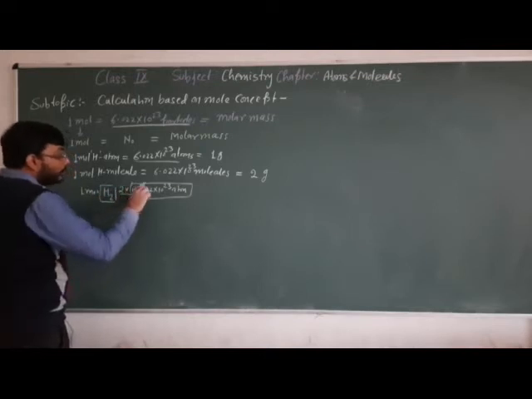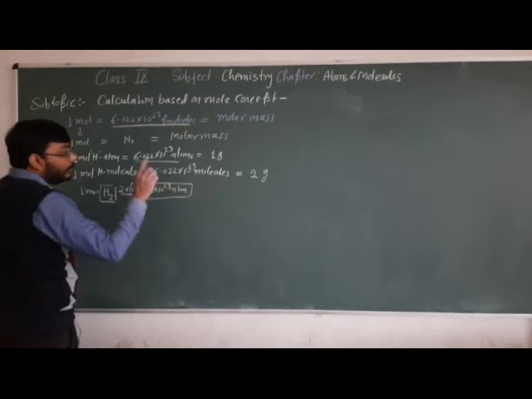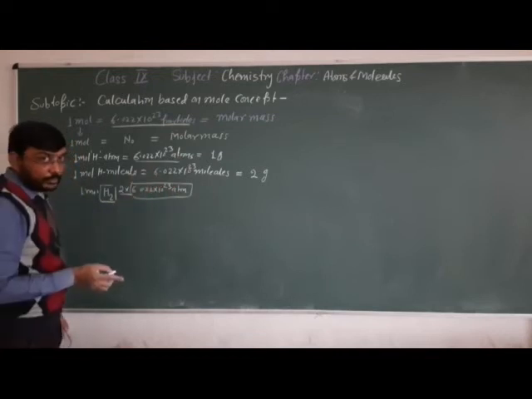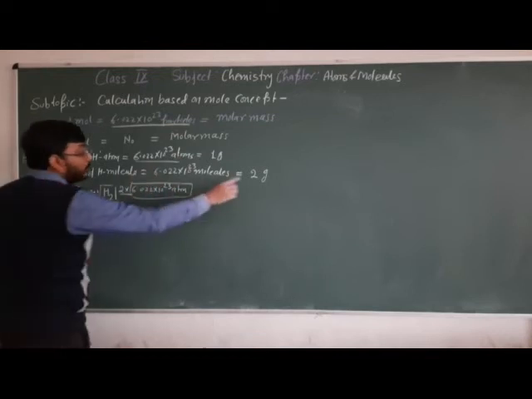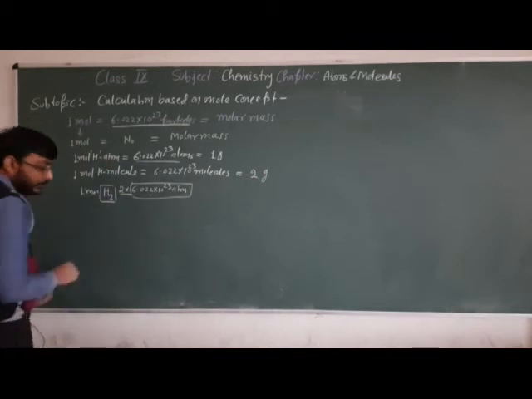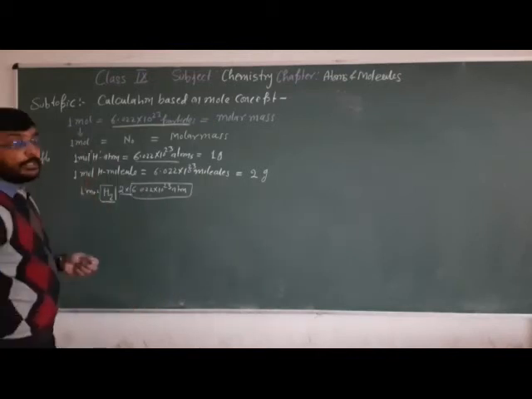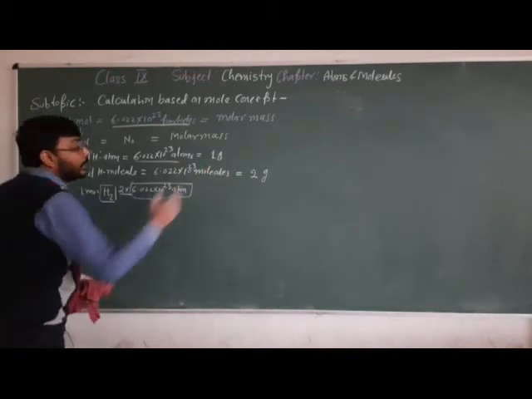So the mass of 6.022 into 10 to the power 23 atoms will be double. Yes or no? That will be double, so 2 gram. Suppose any molecule is formed by 3 atoms, then our mass will be triple.